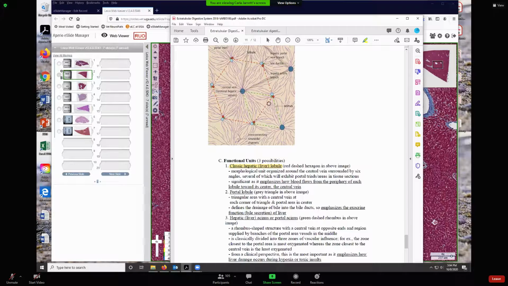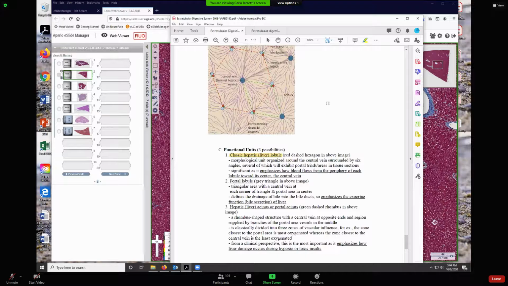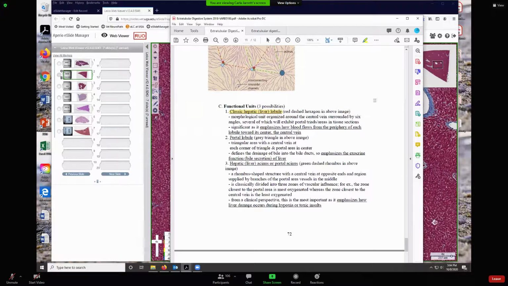So it's kind of yin and yang between toxins and lack of oxygen, and pathologists will talk to you about that. But that's why we introduce you to this liver acinus concept, because you'll get that concept again in pathology when they talk about toxic insults or lack of oxygen to the liver and what it does to the hepatocytes.